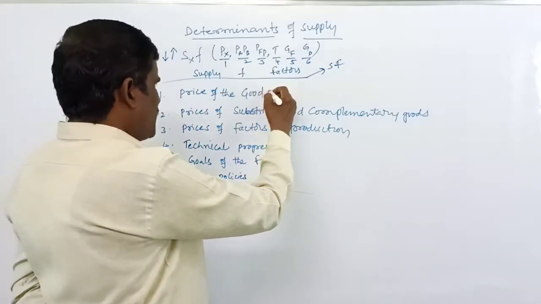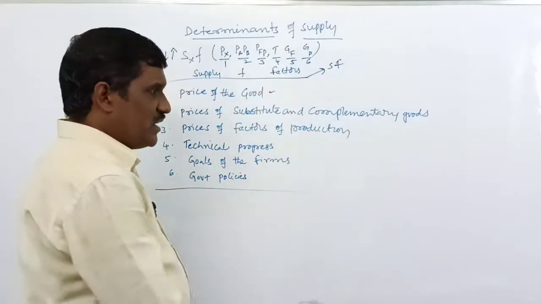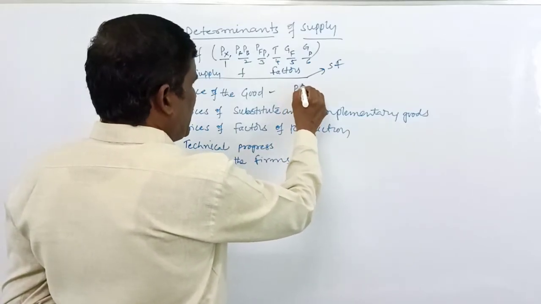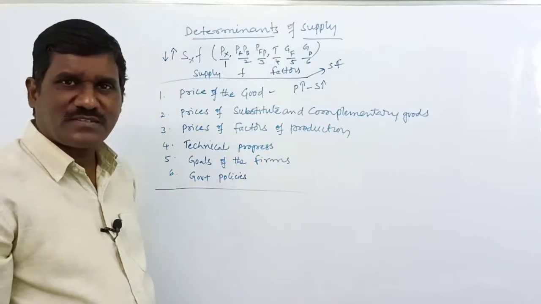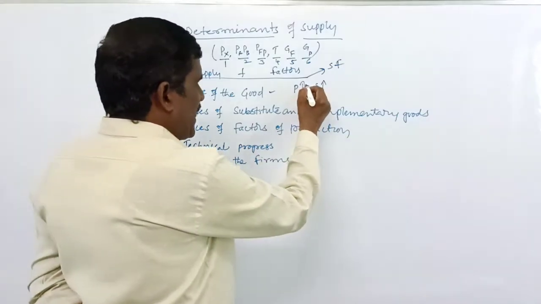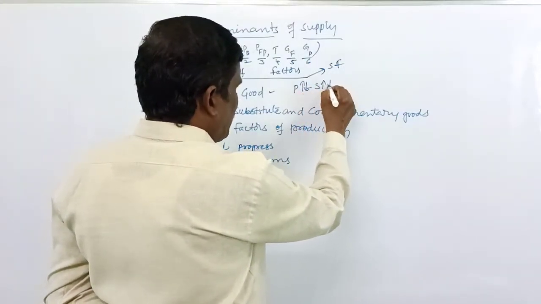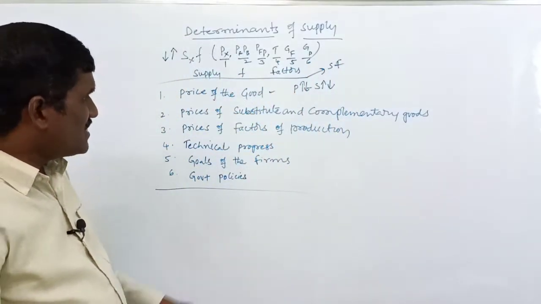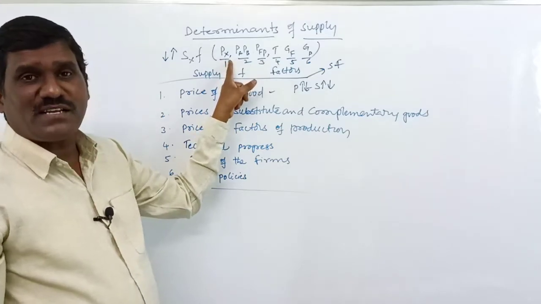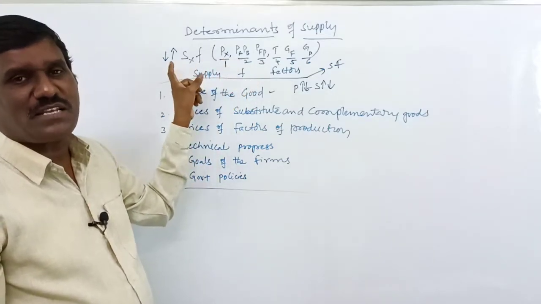First, the price of the good. If the price of the commodity increases, the supply of the commodity also increases. If the price of the commodity decreases, the supply of the commodity also decreases. How? The price of the commodity can determine the supply.